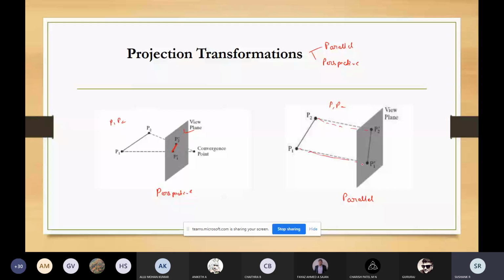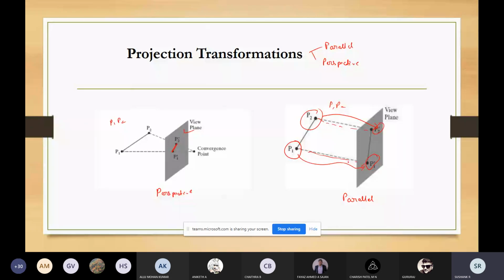So in parallel projection, the coordinate positions P1 and P2 are transferred to this view plane, represented by P1 dash and P2 dash, along the parallel lines.